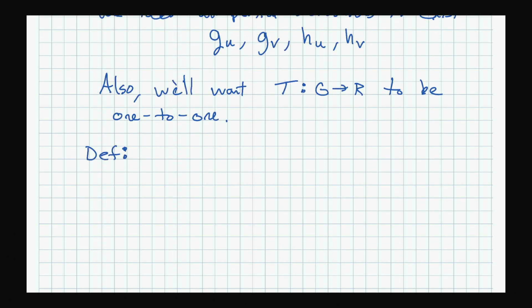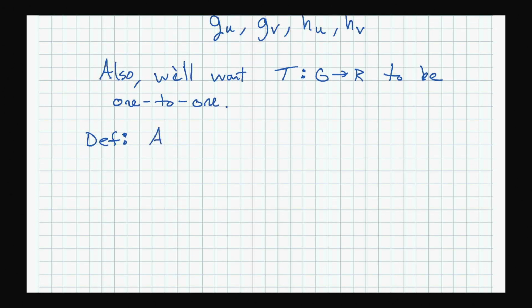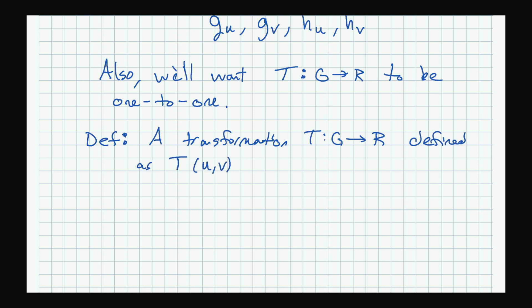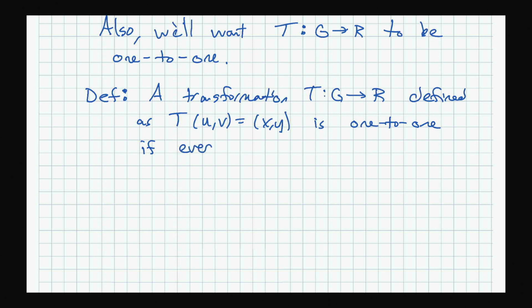You don't have to remember it. So the definition of one to one is a transformation T from G to R, defined as T of (u,v) equals (x,y), is one to one if every input (u,v) maps to a single output.